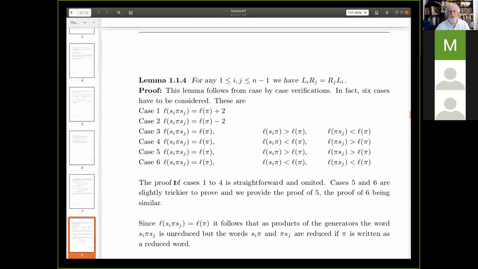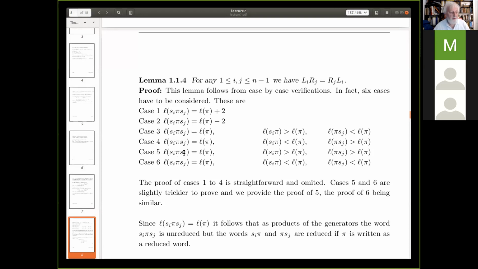So go back to share. So this is case 5, where the length of Si pi Sj is equal to the length of pi. In other words, Si and Sj must cancel within the innards of pi.